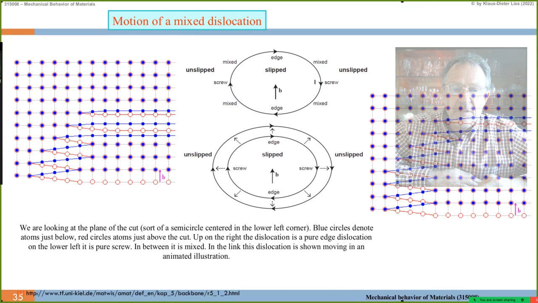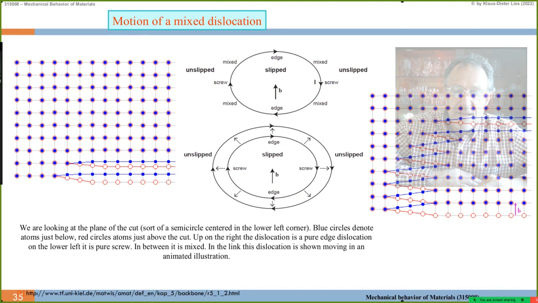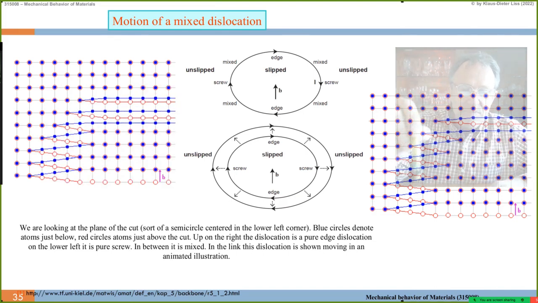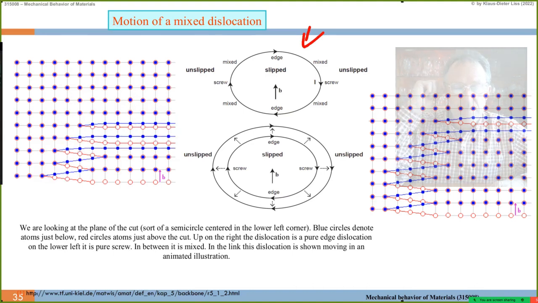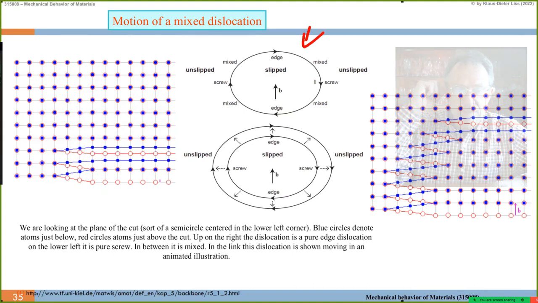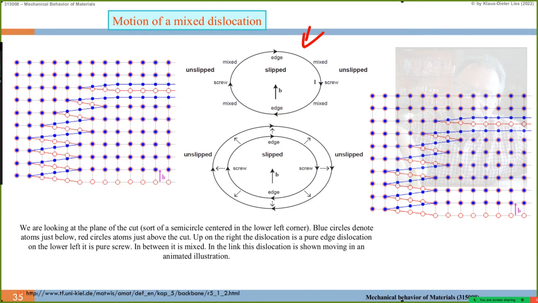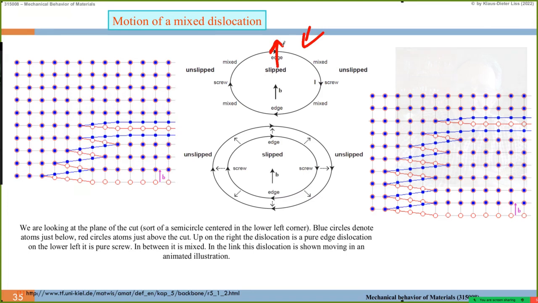Here we have the motion of the mixed dislocation. If we apply a shear stress along the Burgers vector, then at the edge dislocation we get motion in the direction of the Burgers vector.